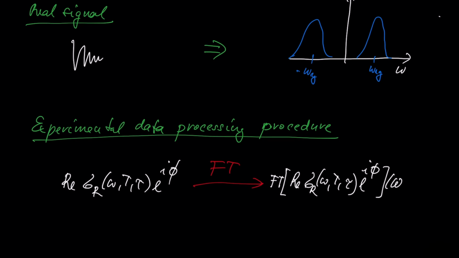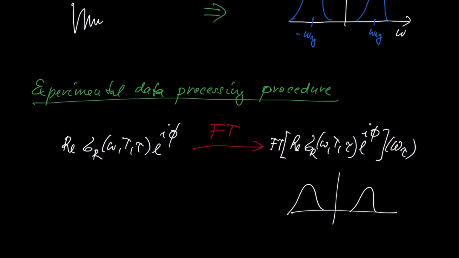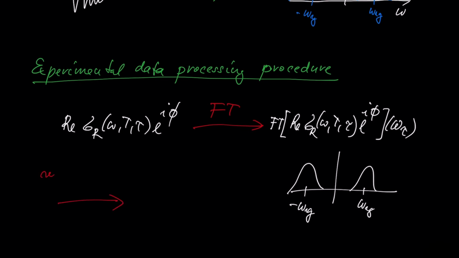This is a function of omega tau, and it has two peaks around omega eg and minus omega eg. So the next step we'll do is remove e to the power of minus i omega eg tau.